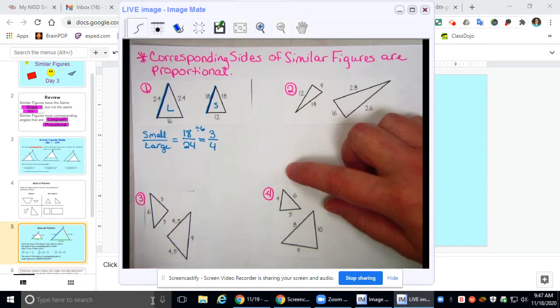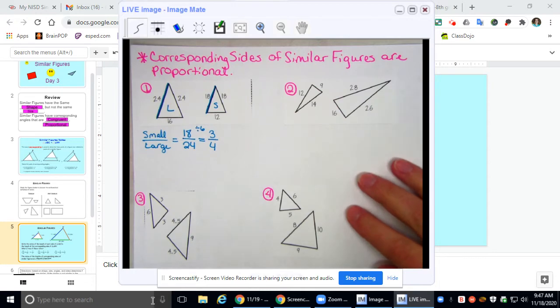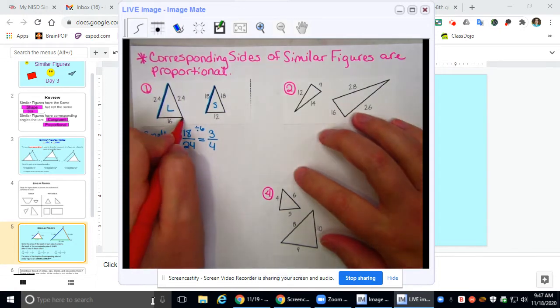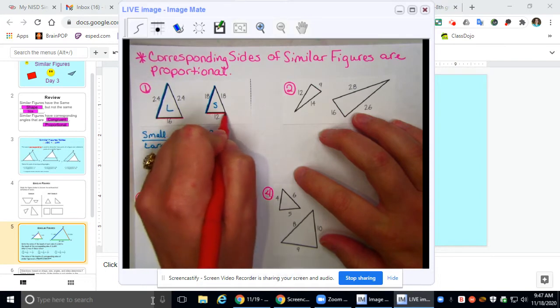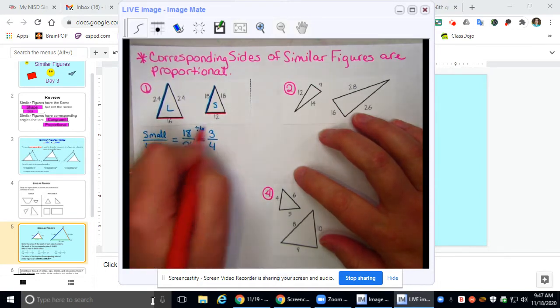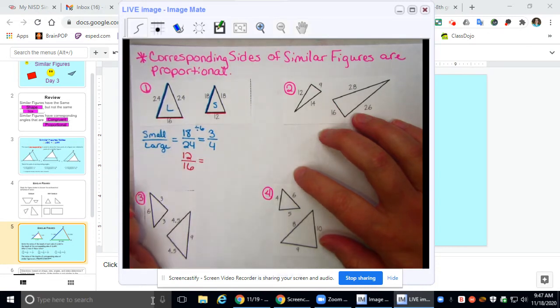So if I continue with that same situation, now notice how the other side, because it is an isosceles triangle, is the same. So I'm not going to worry about that one, but I am going to worry about this one down here. So these two sides are corresponding. Small is 12, 16. And if I simplify that, they both have a common factor of 4.